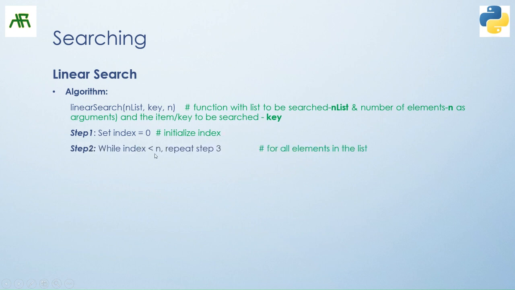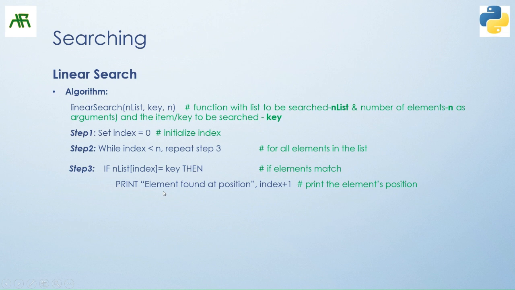While index is less than n, repeat step 3, which means for all elements in the list, do whatever is following. If the list element at index is key, meaning if the elements are matching, then element found at position index plus 1. Remember, this is the physical position, not the index position. Stop the process. Once it is found, stop the process.